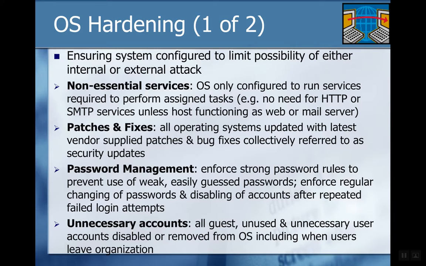And remarkably, this does not get done nearly as much as it probably needs to be. But these are the basic things you need. Number one is to identify and eliminate all non-essential services. By default, operating systems will come with virtually everything on them. You're seeing now with more modern implementations that this is not necessarily the case.